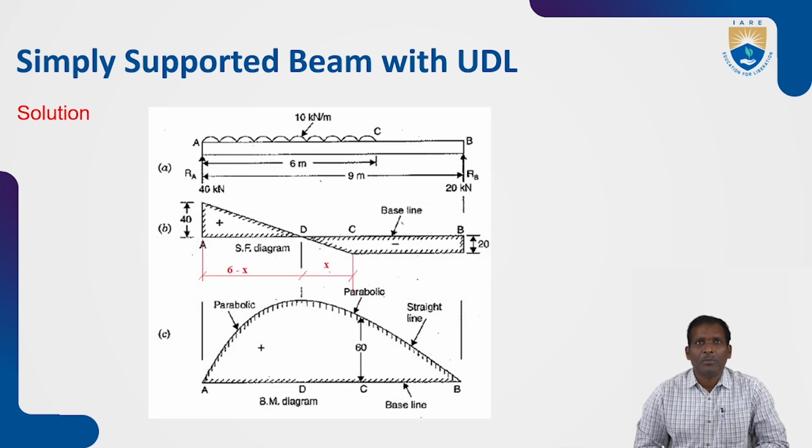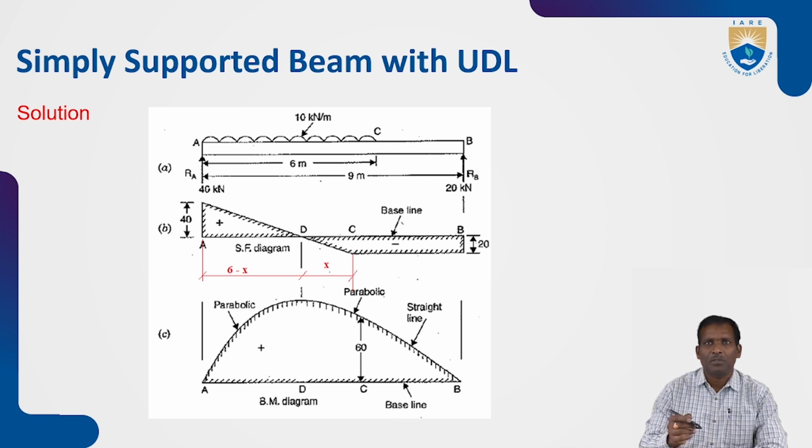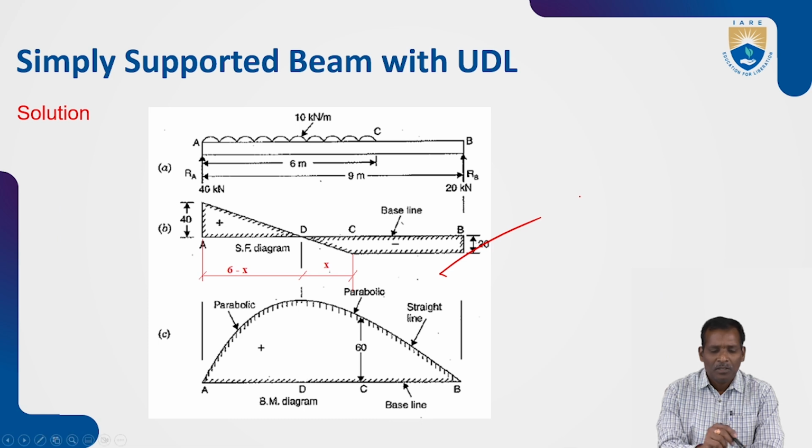Now draw the bending moment diagram. We draw it according to the obtained values of shear force. A baseline is drawn, and positive values are drawn above and negative values below.